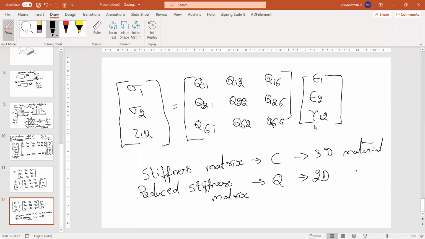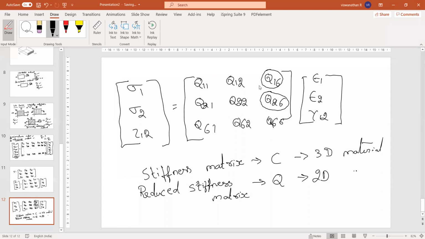Now, can somebody tell me when will this Q16 and Q26 be 0? So Q12 is equal to Q21, because of the symmetry. Q12 is equal to Q21, Q16 is equal to Q61, and Q26 is equal to Q62.